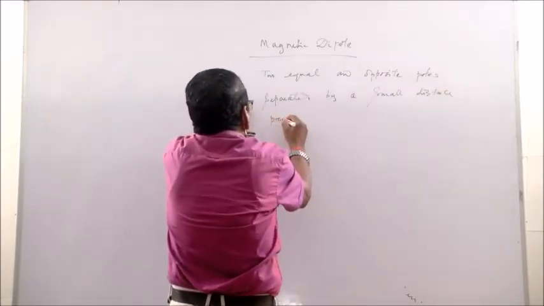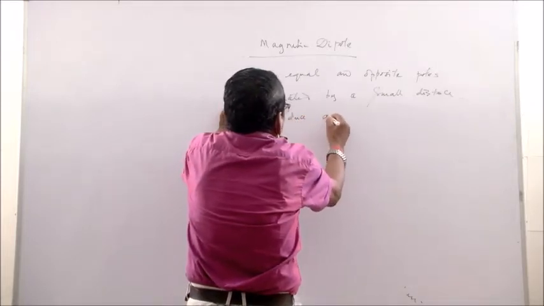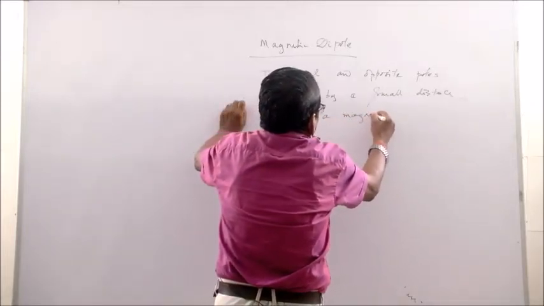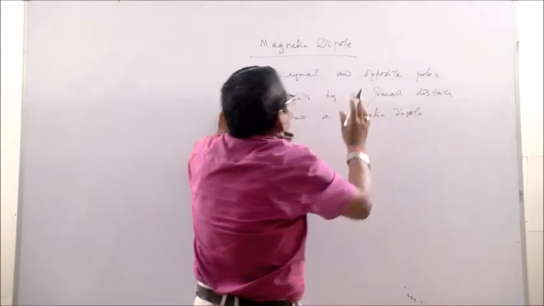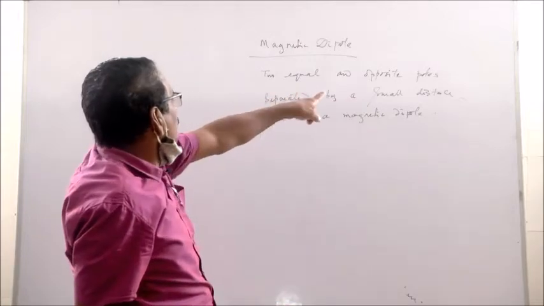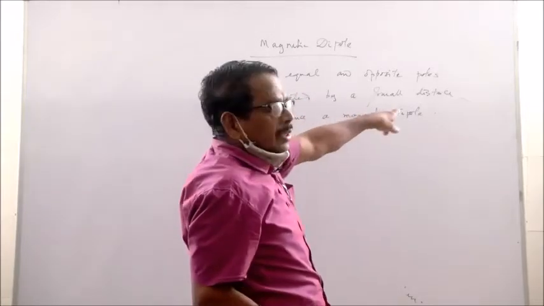In electrostatics, you will come across the same electric dipole: two equal and opposite charges separated by a small distance produce an electric dipole.